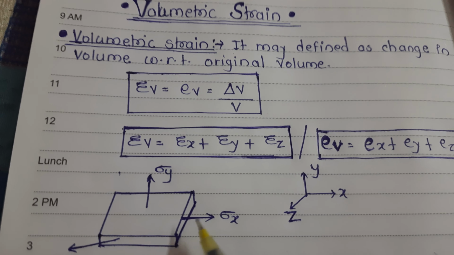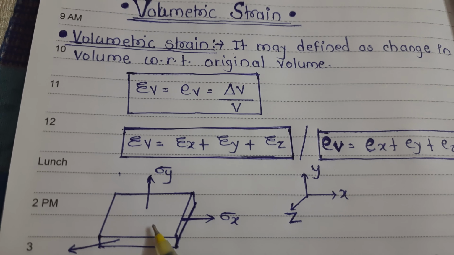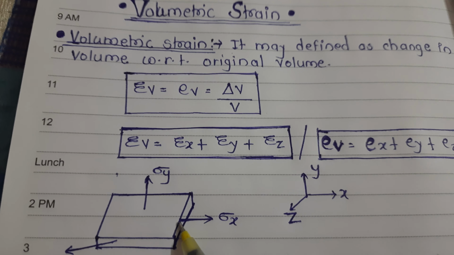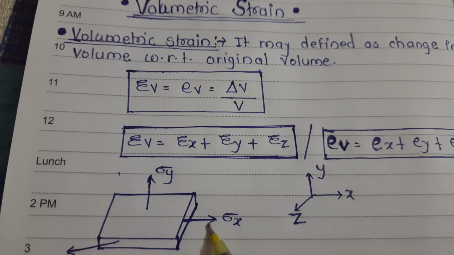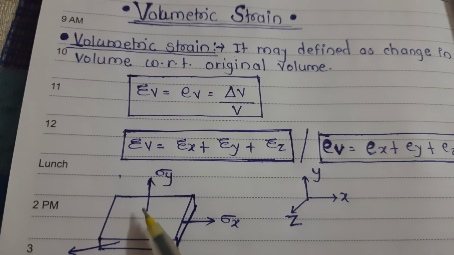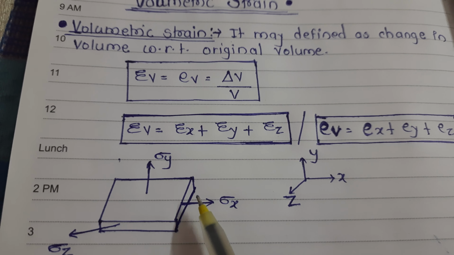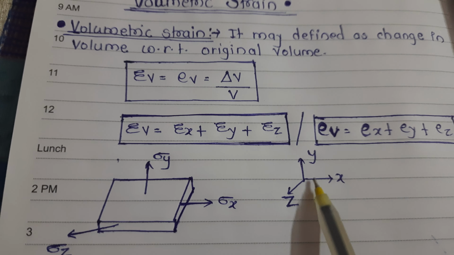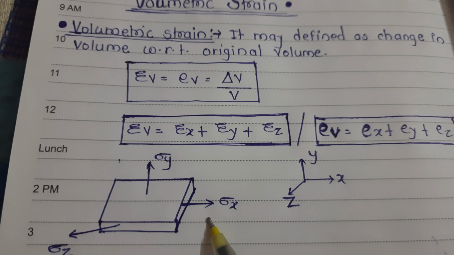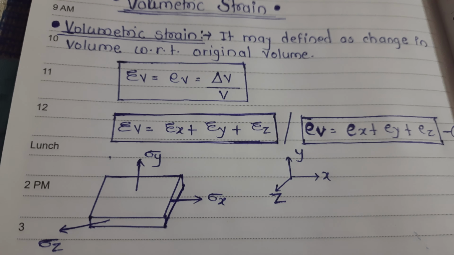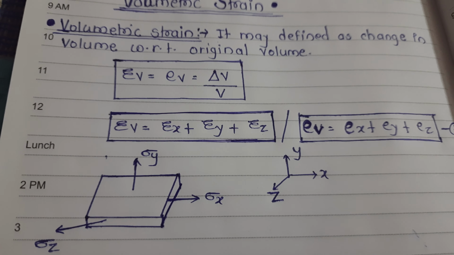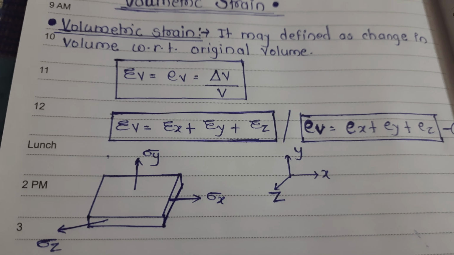Now, if this is a cube with stresses sigma x, sigma y, and sigma z applied in the x, y, and z directions respectively, we have to calculate volumetric strain.